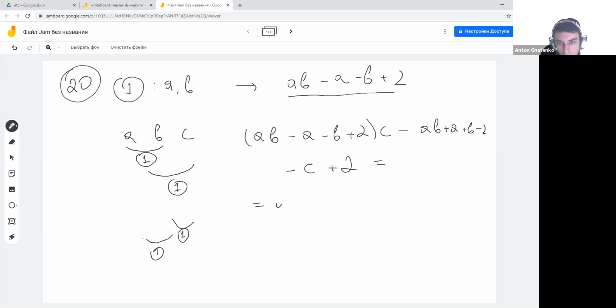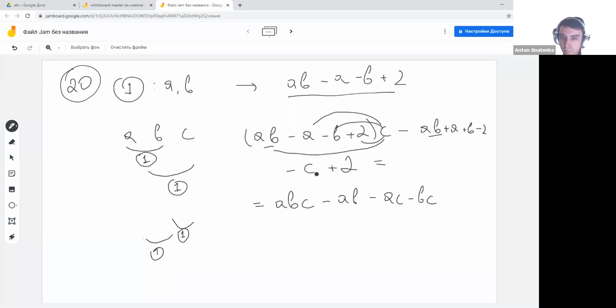I obtain ABC minus AB, yeah, this. Then minus AC minus BC plus 2C, but minus C. Okay, let's see, plus A plus B plus 2C, but minus C leads to plus C. And in the end, minus 2 plus 2 is 0.